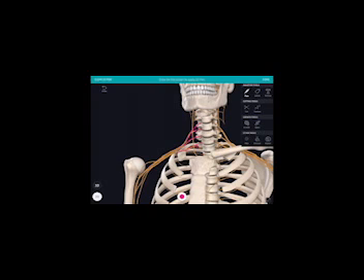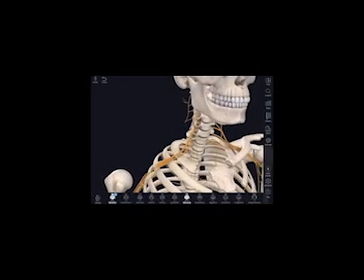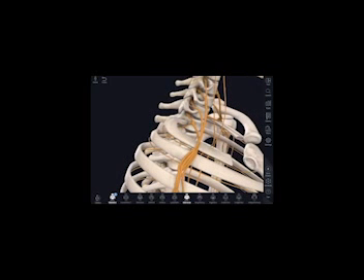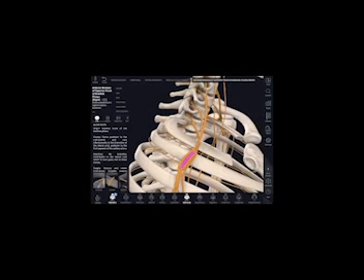Now notice these three different trunks are coming out laterally, and the next step would be to divide into the anterior and posterior divisions. Okay, so if I turn this model slightly, you can see right here, this is the anterior division. Okay, and then this is the posterior division.